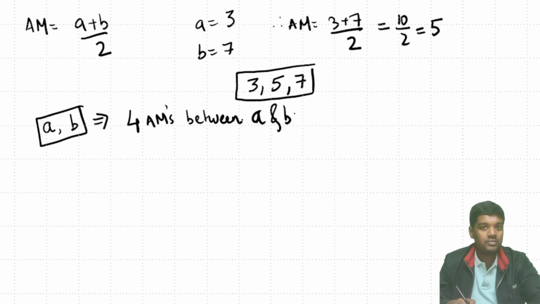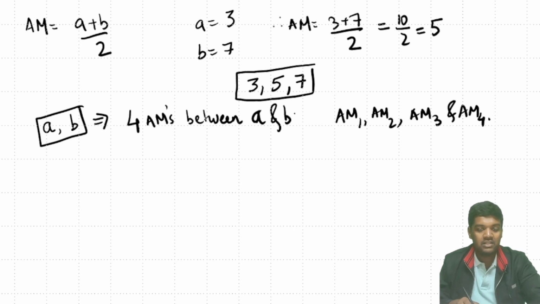As we have already observed, if we insert an AM between two numbers, the three numbers will be in AP. So let's say the 4 AMs are AM1, AM2, AM3 and AM4. If I arrange these 4 AMs between A and B, these entire 6 numbers will be in AP.